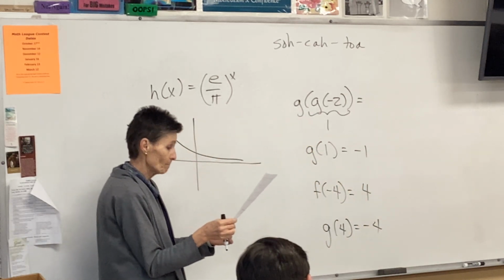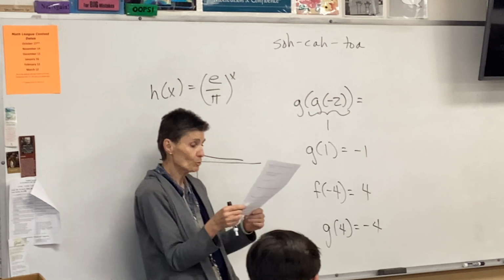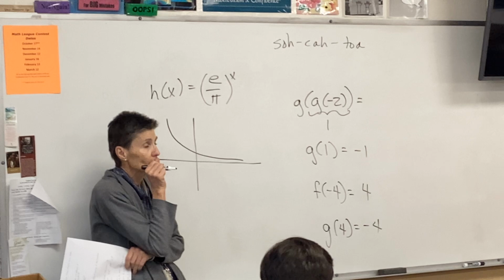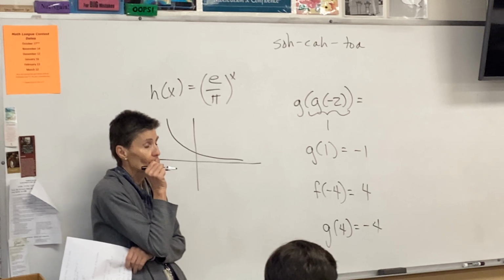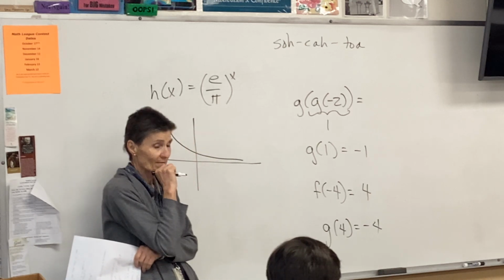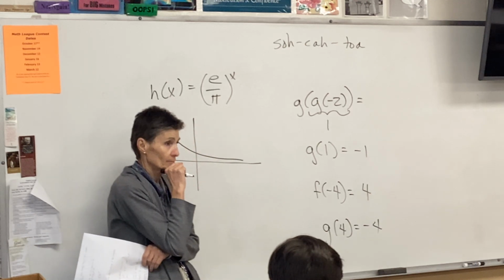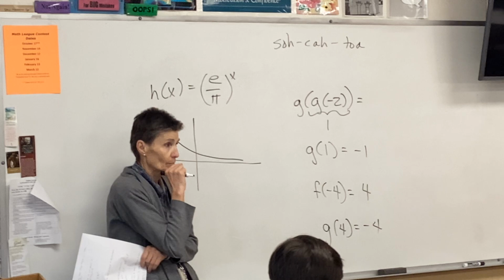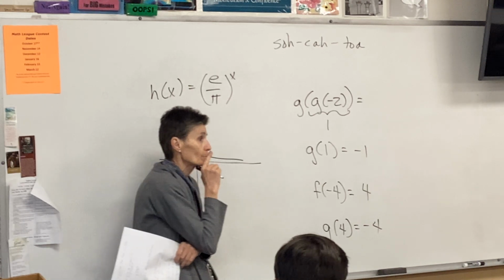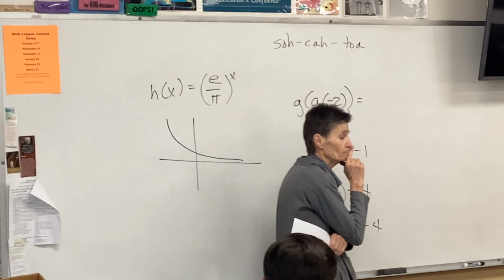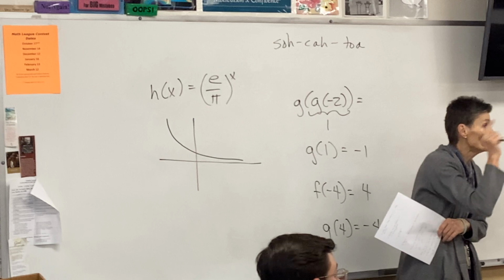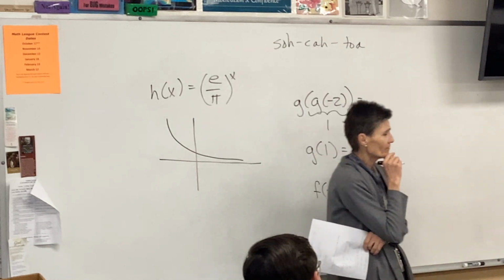Very, very good. The minimum value of F, now, that means the smallest Y value for F. What do you think? Negative 5. Why do you think negative 5, Anna?